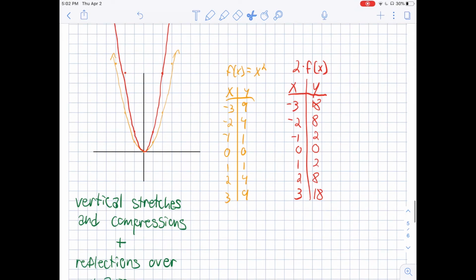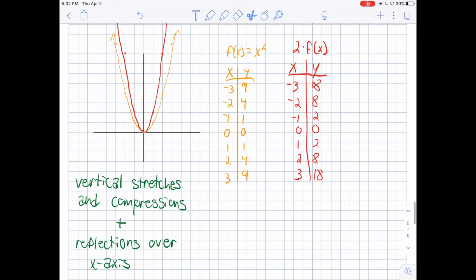And just like before, this is the same reasoning we use for reflections, but this time over the x-axis. If we wanted to take our original graph and reflect it over the x-axis, it might look something like this. It's the same graph, just now all of our y values are negative.